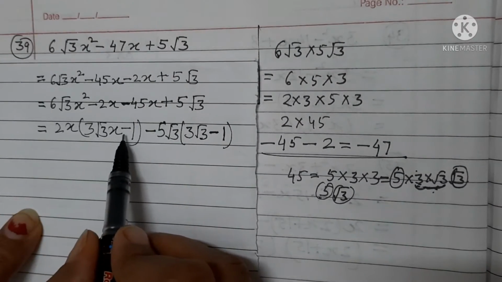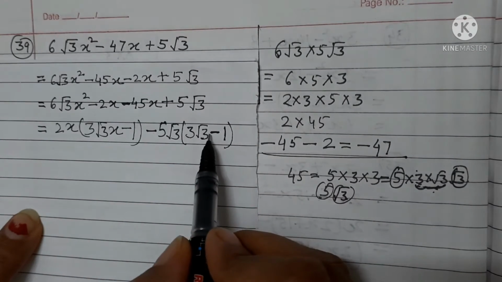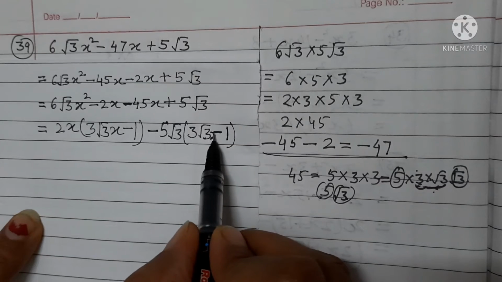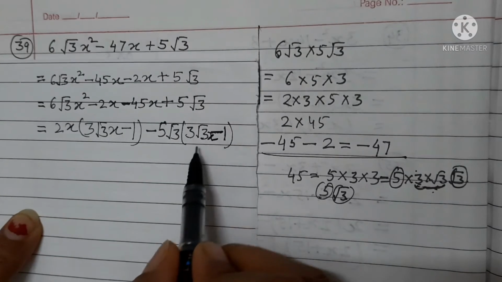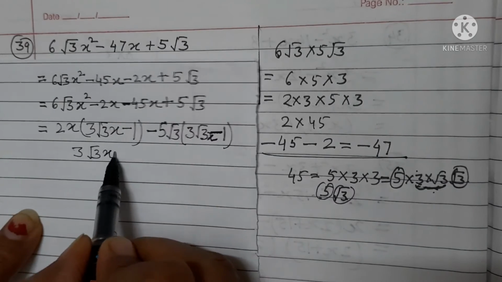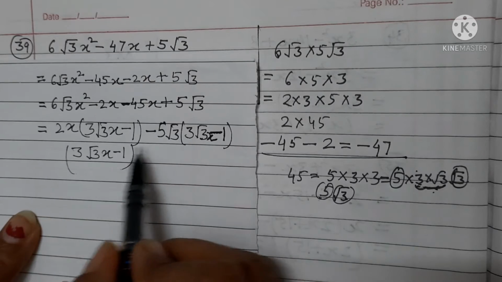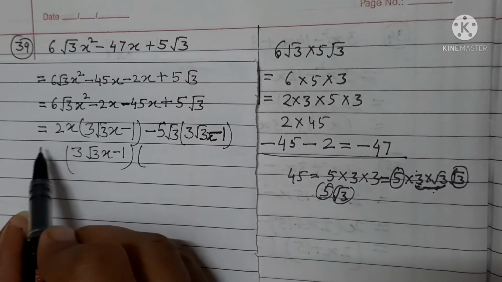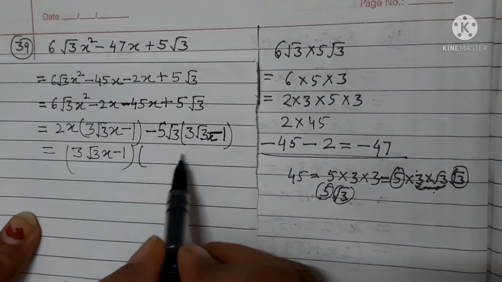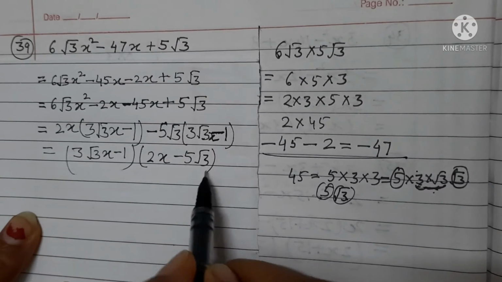Now 3 root 3 x minus 1, so 3 root 3 x minus 1 is taken common from both the terms, and the other part will be 2x minus 5 root 3. Answer.